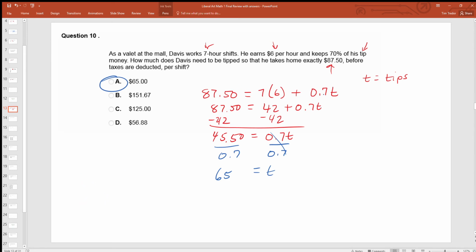If you wanted to solve it a different way, not coming up with an equation, you could try out each one of these as tip money. So if we plug in $65, we take 70% of $65.